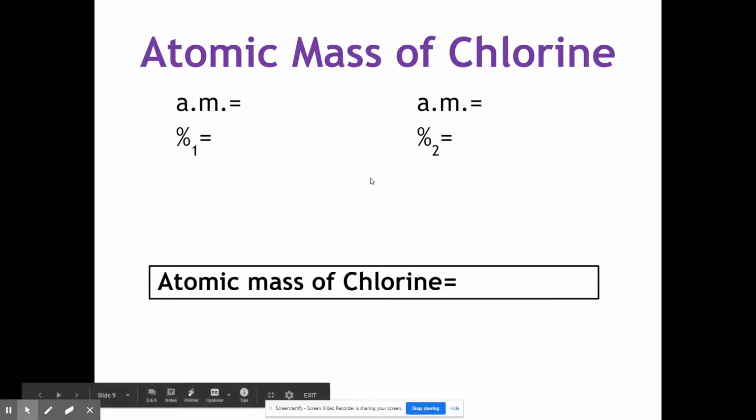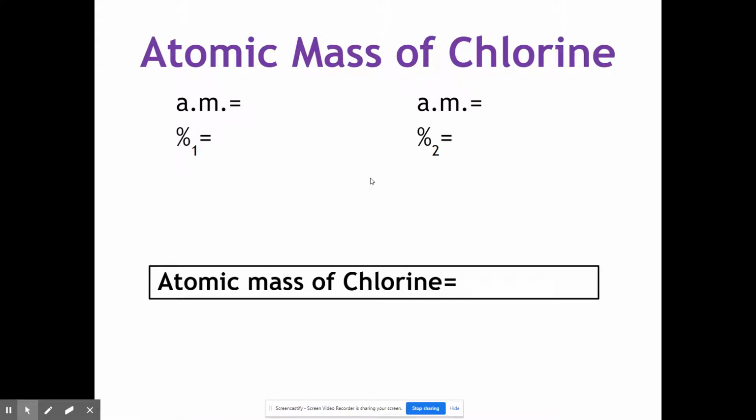Okay, so our first atomic mass was 35.45 AMUs. Our first percentage that goes with that was 75%. Next, our second isotope is 37.29 AMUs, and our second percent is 25%.